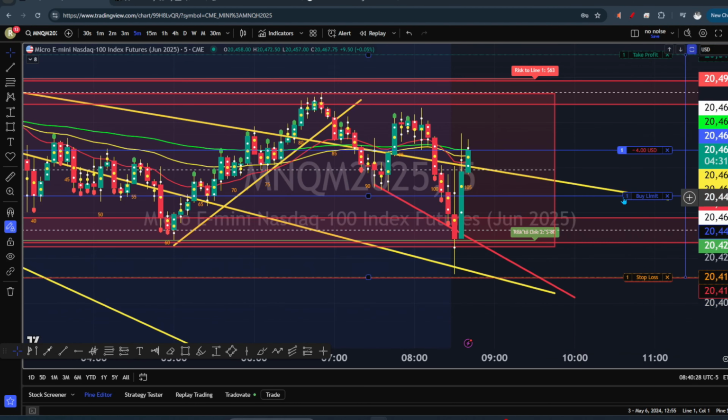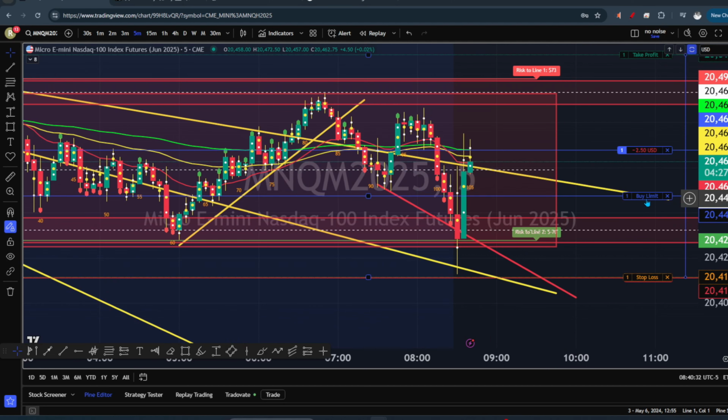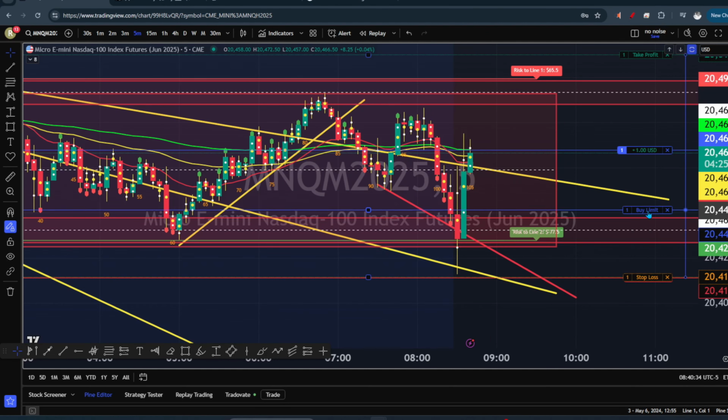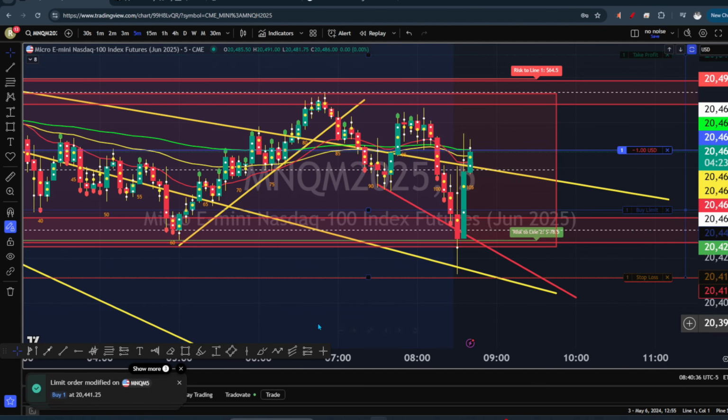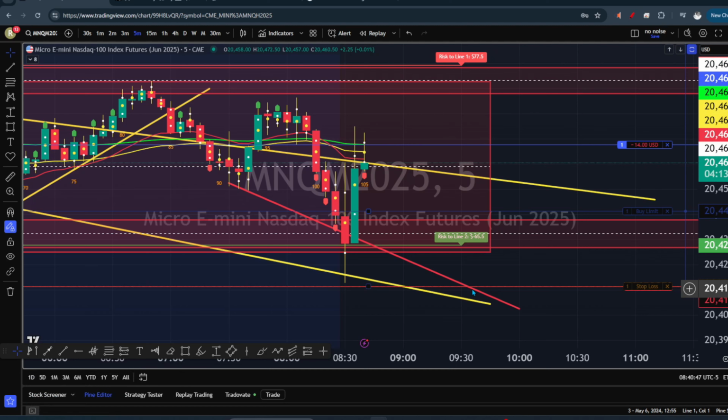I'm comfortable buying another, but it has to be lower right now, I think. Couldn't get to the high, but this is bull territory here. This is where the bulls are living right now.